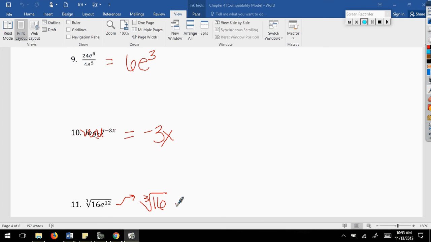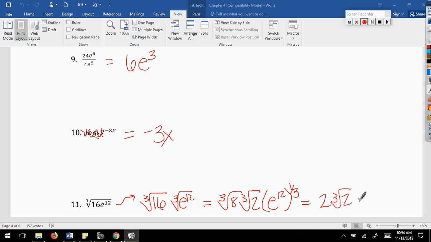And I'm going to go ahead and write this as the cubed root of e to the 12th. And here's why. The cubed root of 16, I can simplify as 8 and 2, right? Because the cubed root of 8 is 2. And the cubed root of e to the 12th would be e to the 12th to the 1/3, because a cubed root is the same thing as a 1/3 exponent. So this ends up with 2 times the cubed root of 2, and then I've got an e to the 4th.